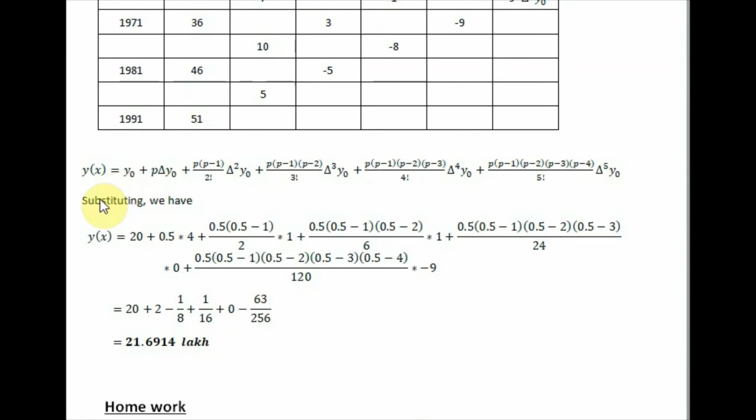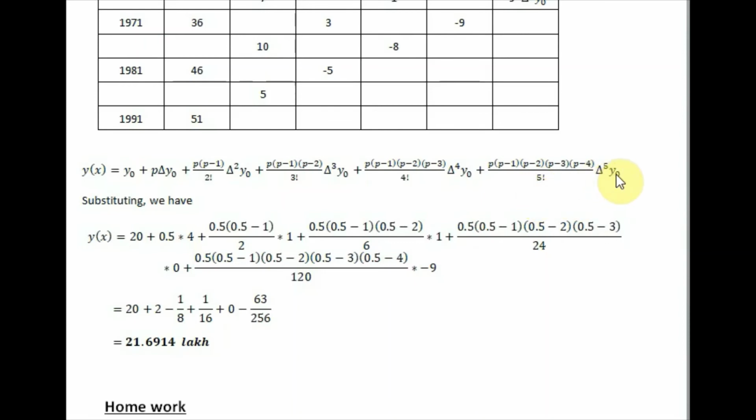Now we can substitute all these values in Newton's forward interpolation formula. The formula is y(x) equal to y0 plus p into delta y0 plus p(p minus 1) by 2 factorial into delta square y0 plus p(p minus 1)(p minus 2) divided by 3 factorial into delta cube y0 plus p(p minus 1)(p minus 2)(p minus 3) divided by 4 factorial into delta raised to 4 y0 plus p(p minus 1)(p minus 2)(p minus 3)(p minus 4) by 5 factorial into delta raised to 5 y0.